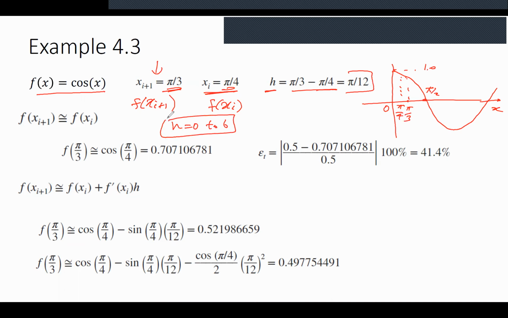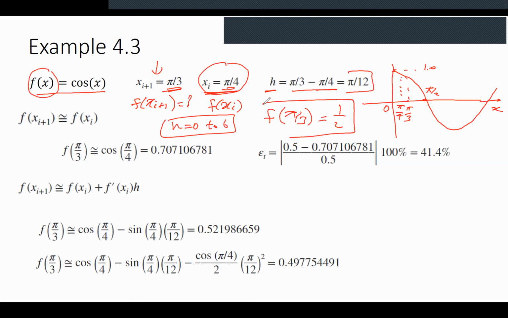Okay. We should approximate f of x at this value, and we are given the values of the function at x i. From the cosine function analytically, we can determine cosine of pi over 3, which is 1 over 2.